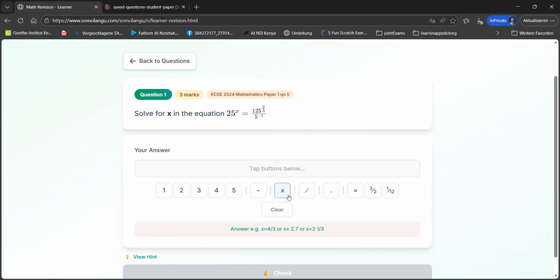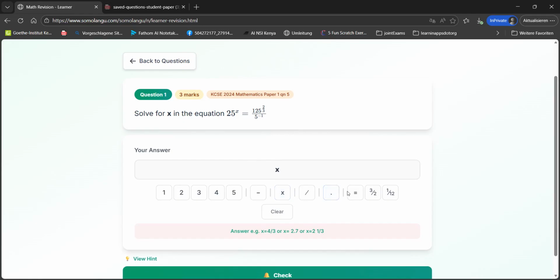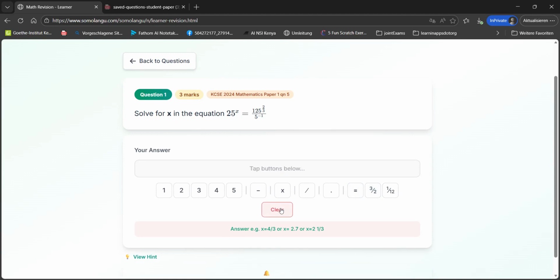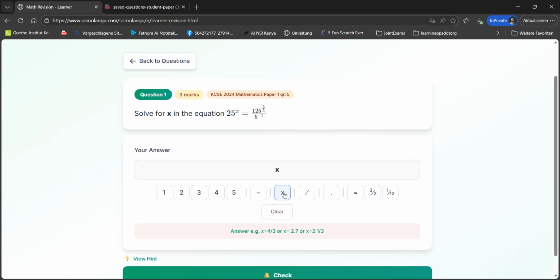You can either enter the decimal format or you can delete by clicking, and then you have 3 over 2 here. Or you can alternatively also clear everything, and then write a completely different answer. So I'll enter my answer, x is equals to 3 over 2. Let me go with a fraction.